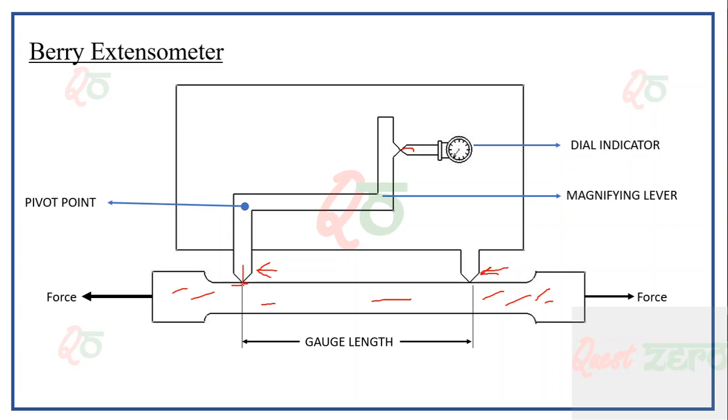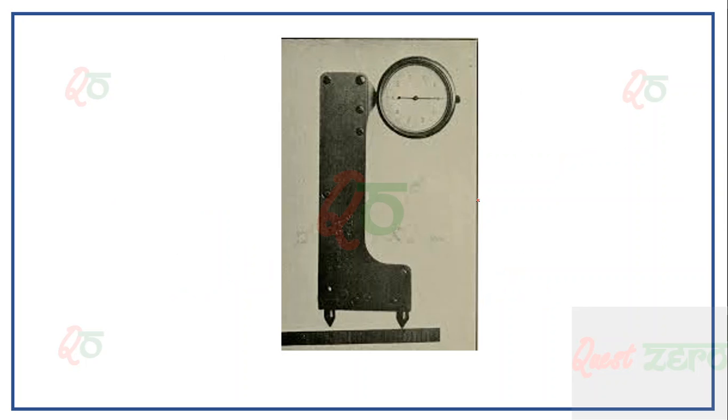So a small amount of elongation that happens on the specimen will be magnified through this magnification lever, and the reading will be obtained on the dial indicator. So this is the mechanical type of strain gauge called the Berry extensometer, which is very rarely used these days. This is a photograph showing the Berry extensometer in application.